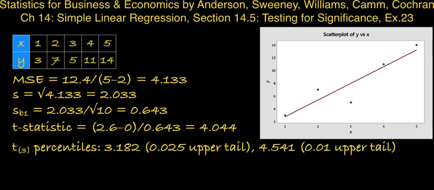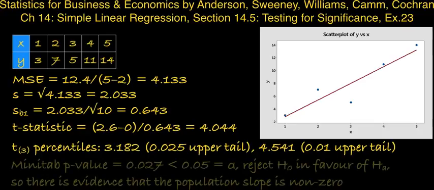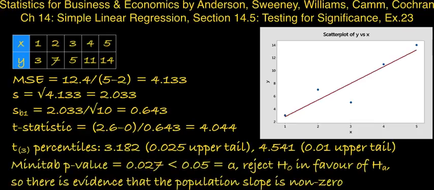And that allows us to make a decision because we can see that the p-value is less than 0.05. If we use statistical software like Minitab to find the p-value for us exactly, we can obtain the value 0.027 for the p-value. So that confirms that it's less than 0.05, so we reject the null in favor of the alternative, so there is evidence that the population slope is non-zero.